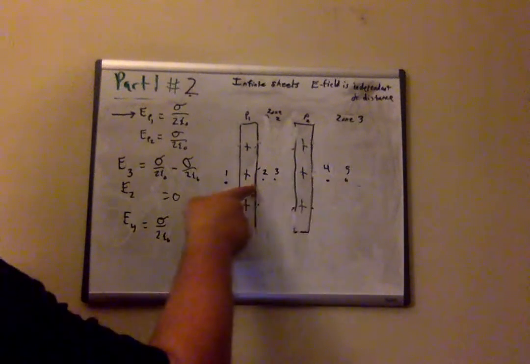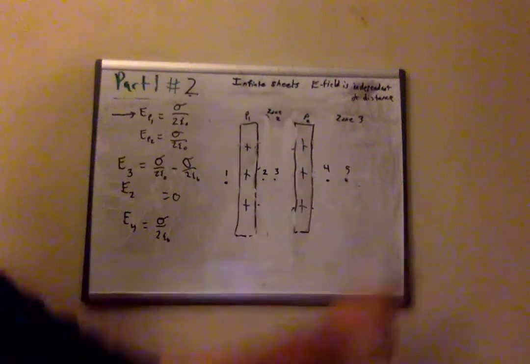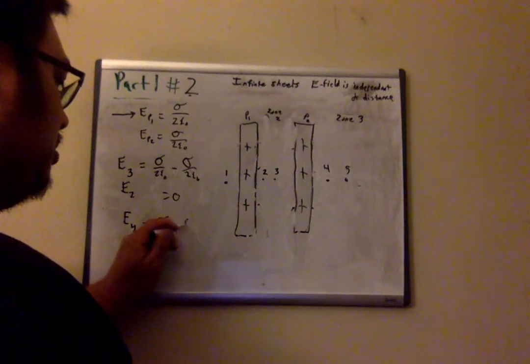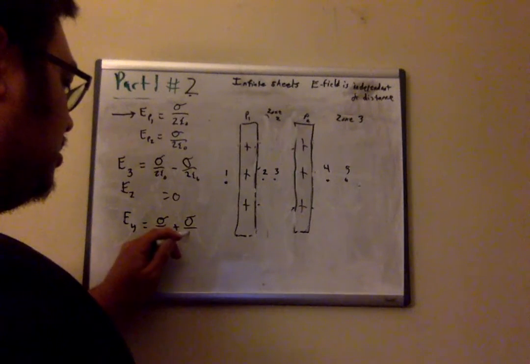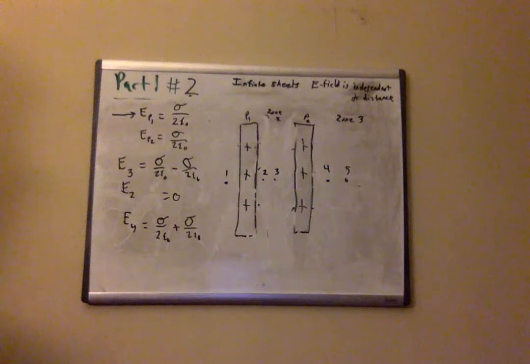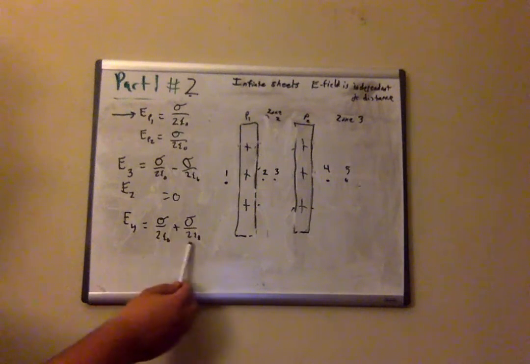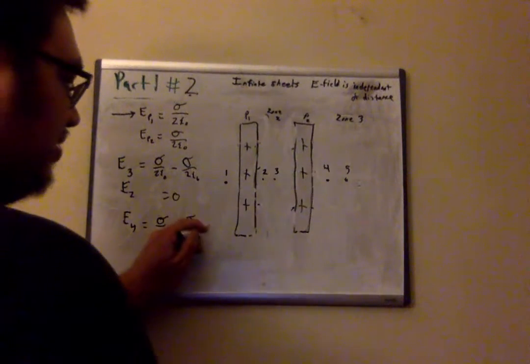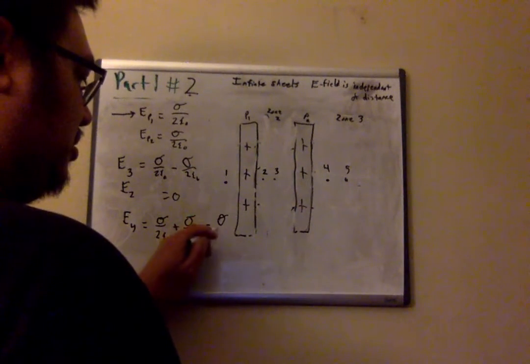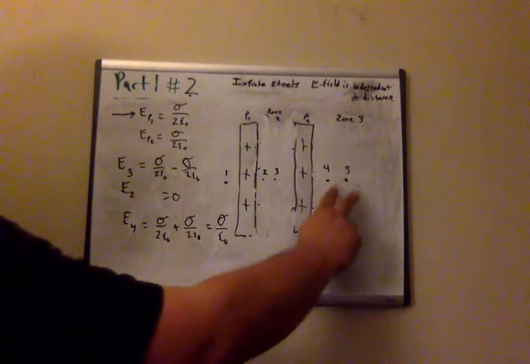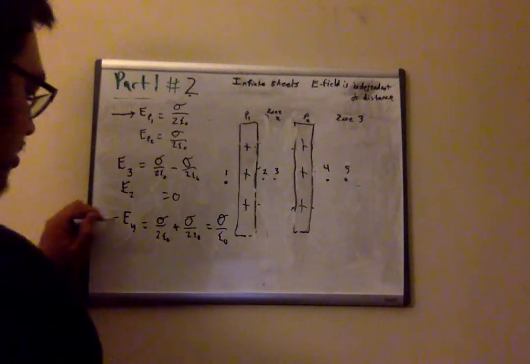And because the electric field is pointing in the same direction here, we're going to add them. So the magnitude here would be this plus this, which for E4 gives us sigma over epsilon naught. That's going to be the same for 4 and 5.